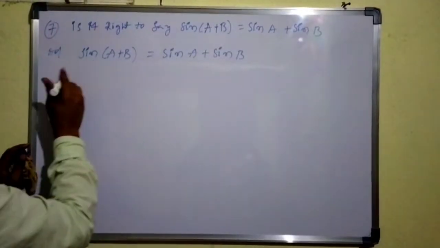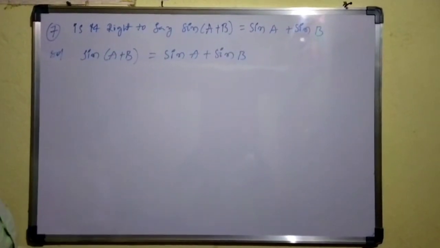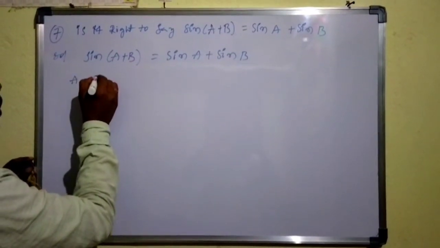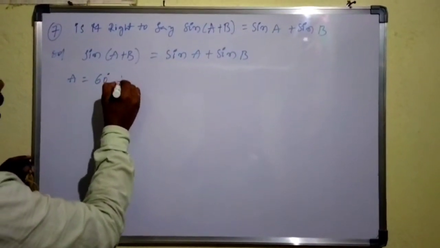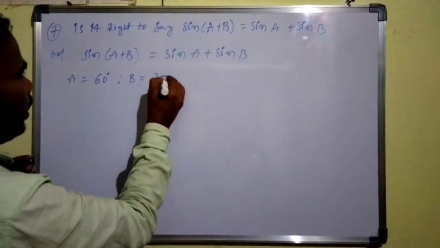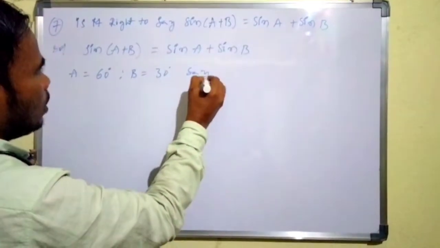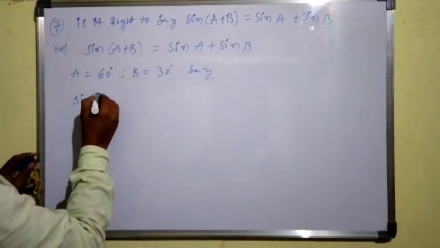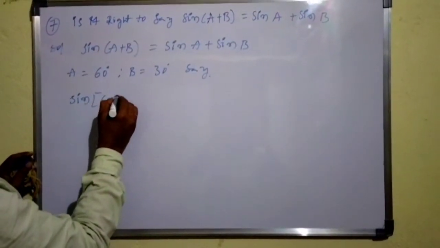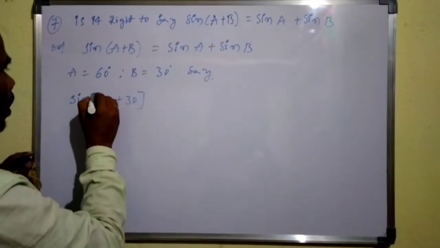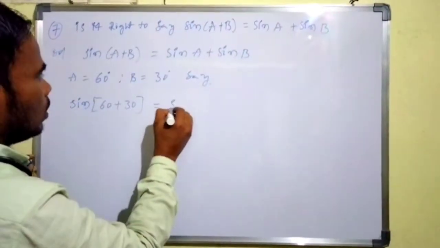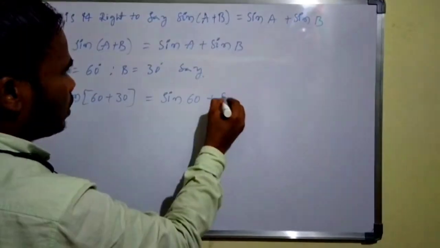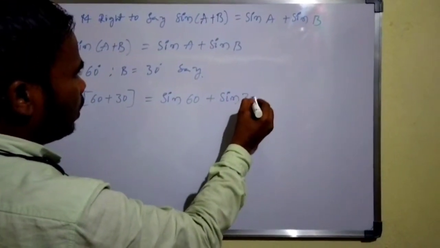Here we can say a is equal to 60 degrees and b is equal to 30 degrees. Substituting, sine of 60 plus 30 should equal sine 60 degrees plus sine 30 degrees.